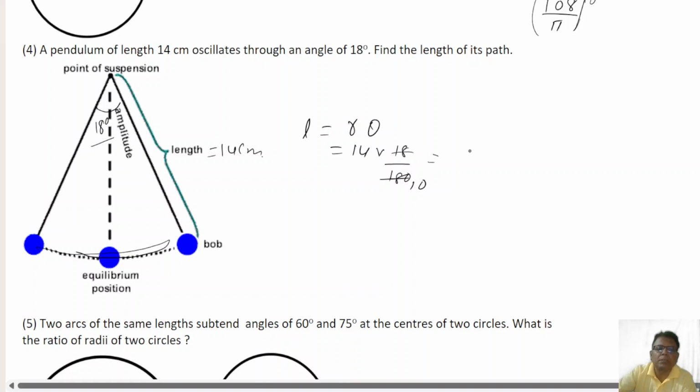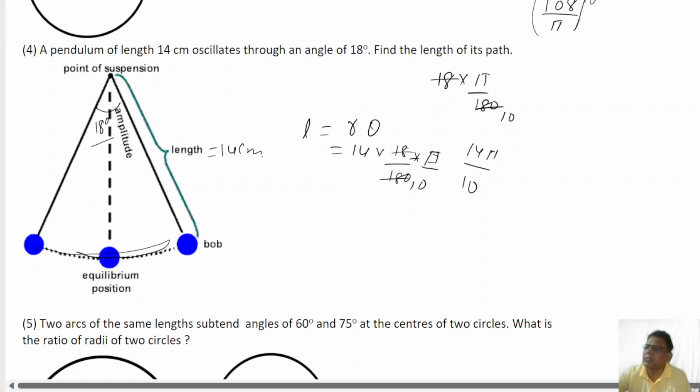Because you have to convert it to radians, right? 18 degrees, how will you convert? 18 into pi by 180. So this one is 10. So pi by 10. So it will become 14 pi by 10.